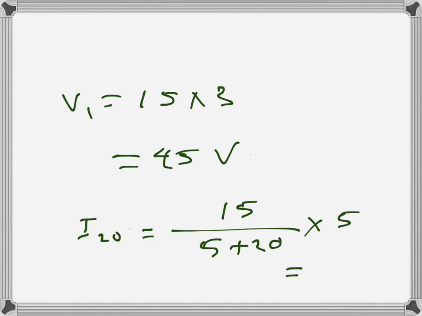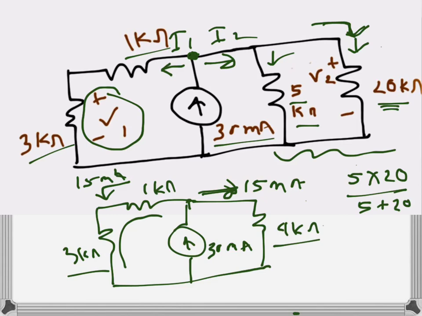So that will be 75 here, 25 here, so that will be 3 milliamps. So the current through the 20 kilo ohms resistance will be 3 milliamps, and the current through this resistance will be the remaining 12 milliamps, because 15 is coming here and 3 going this way, 12 will go that way.